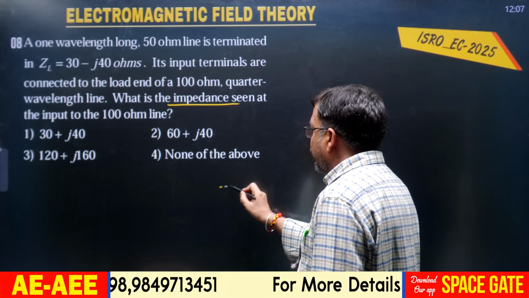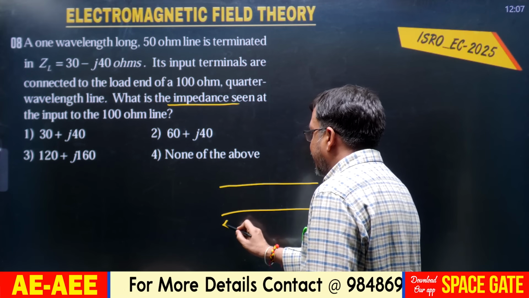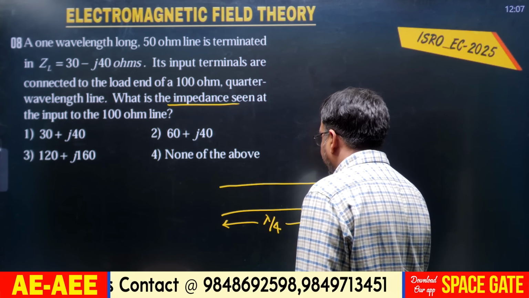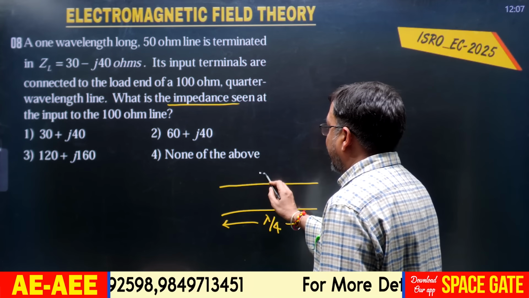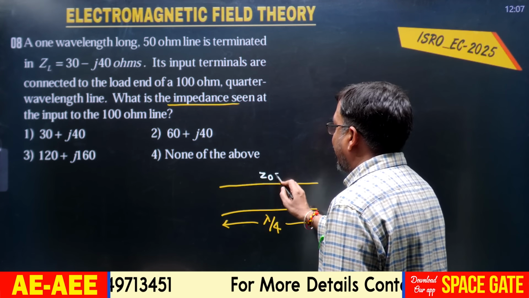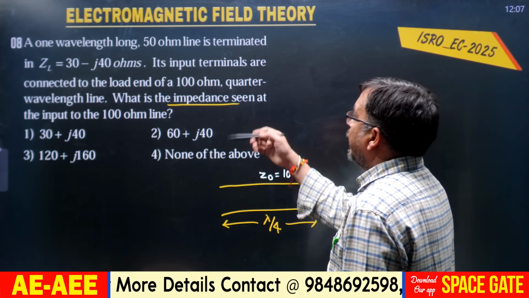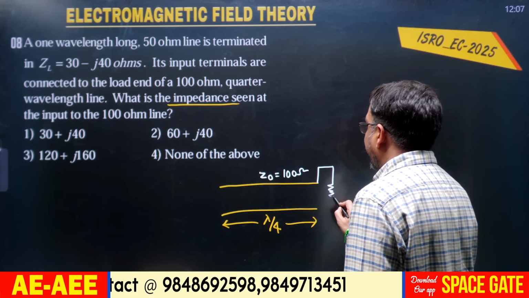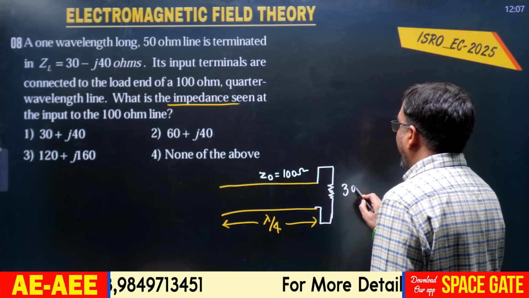When the length of the transmission line is lambda by 4, it is a quarter wavelength transmission line. Here the characteristic impedance of this quarter wavelength transmission line is given as 100 ohms, and the terminated load impedance is also given, that is 30 minus J40 ohms.